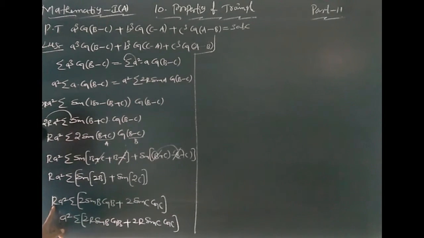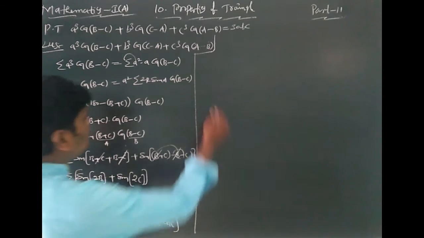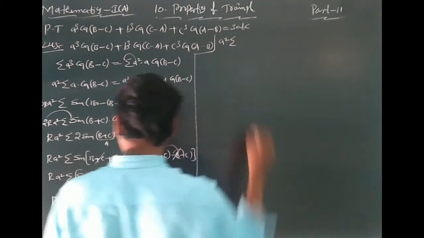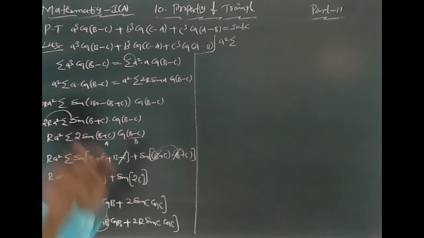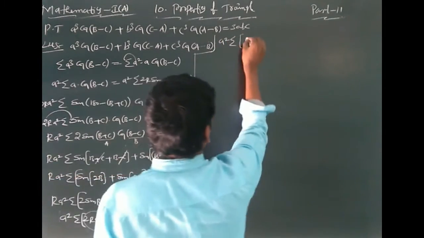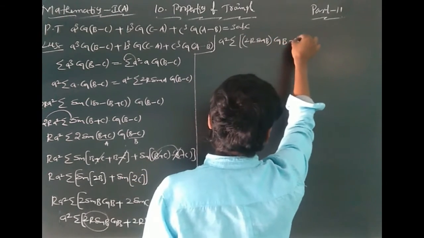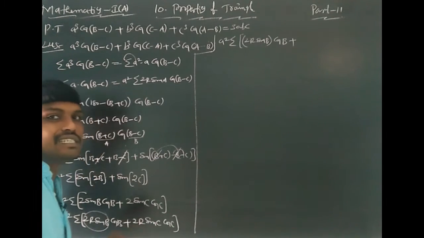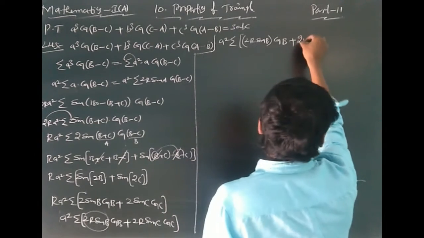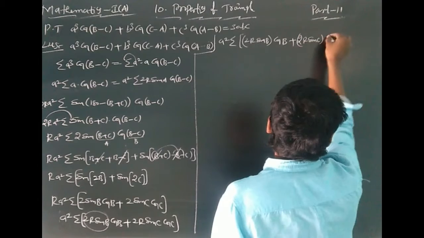Understood? Here this r is multiplied with these two terms, giving 2r. A square is always common. Next you can write a square into summation of, here 2r sin b is one term into cos b, plus 2r sin c is one term into cos c.